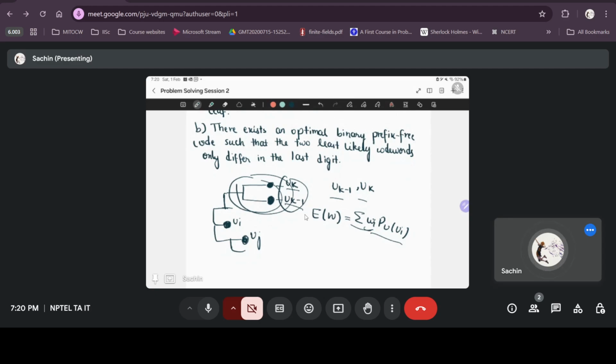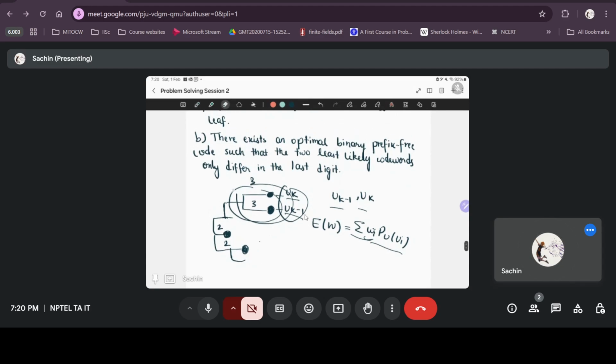For example, if the maximum depth is 3 and these are code words of length 3, and UI and UJ, UK and UK minus 1 were initially assigned code words of length 2. Suppose all of these had probabilities 0.2 and these had probabilities 0.1.